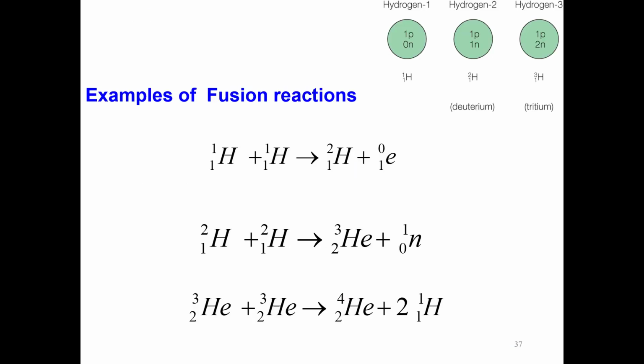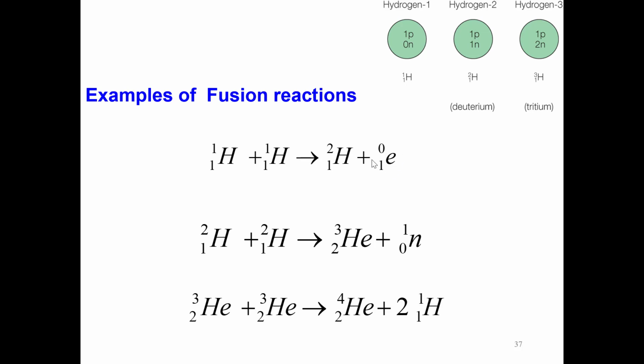How can we identify equations that correspond to nuclear fusion reactions? Remember, this happens with atoms that are small, for example hydrogen or helium. Usually in fusion nuclear equations, we will have hydrogen or helium present. This is the main characteristic by which you can identify fusion reactions. In this case, we have hydrogen isotopes, and this corresponds to the electron.